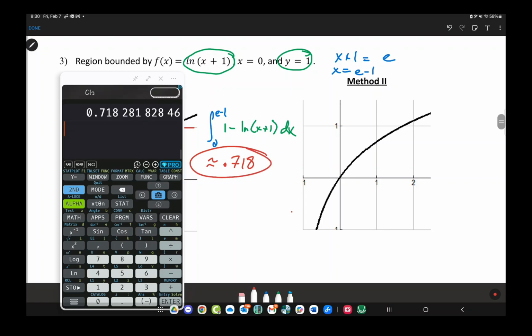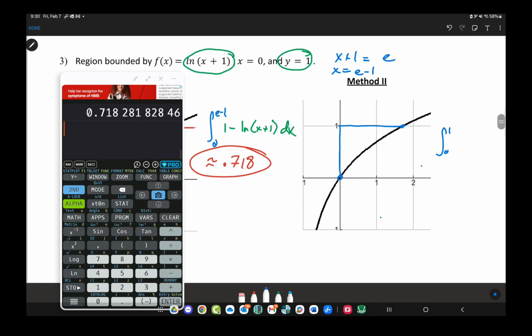Now, we're still doing the same concept here, but instead of doing this in terms of x, we can do this in terms of y. Why would I want this in terms of y? I already have the bounds. The bounds are 0 to 1. Now, you kind of have to flip this sideways.